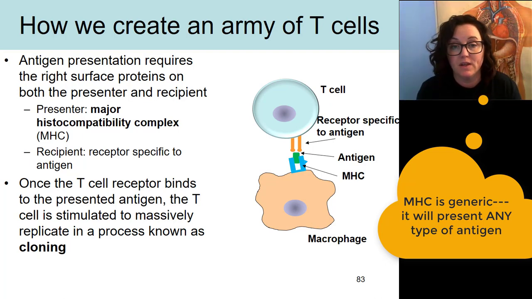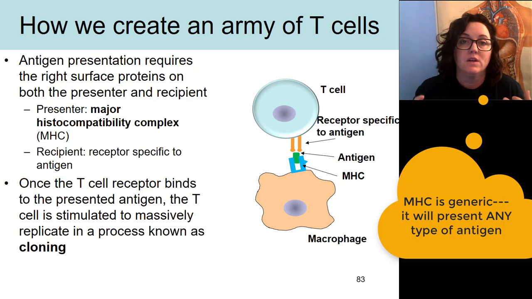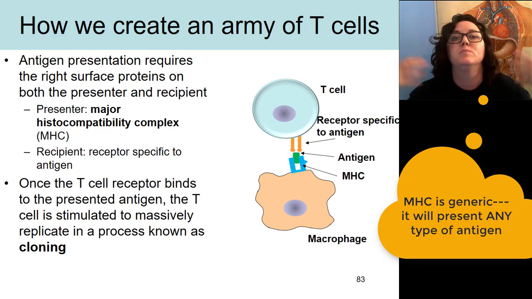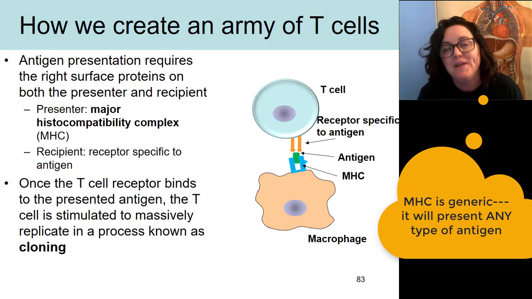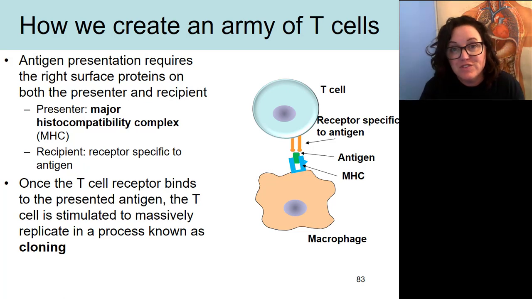The recipient, on the other hand, is not going to use MHC to recognize the antigen. Instead, it will use a receptor specific to the antigen. In this case, the recipient is the T cell, and the T cell has on its surface that one specific receptor that has been produced to recognize this one specific antigen.